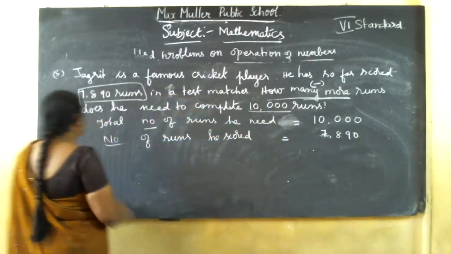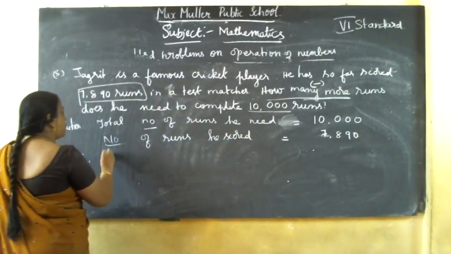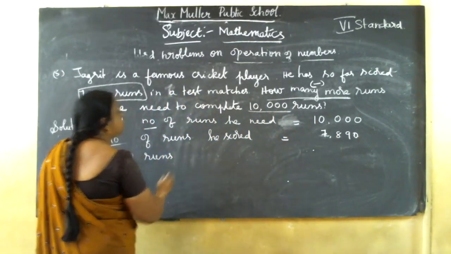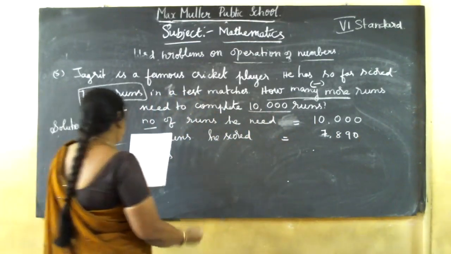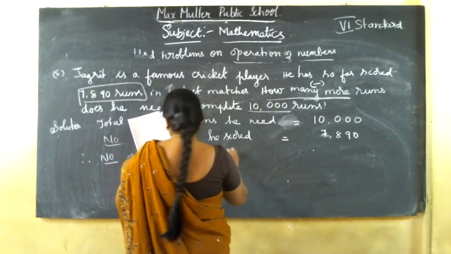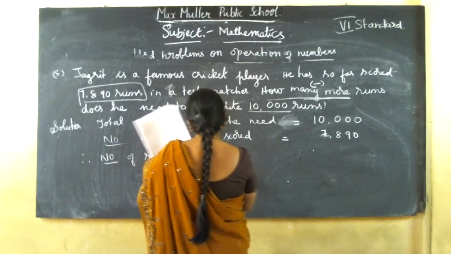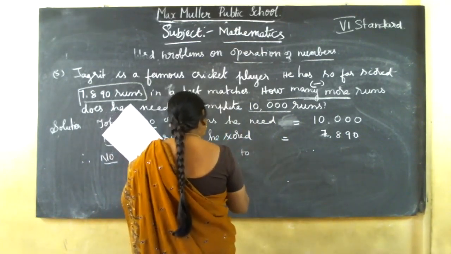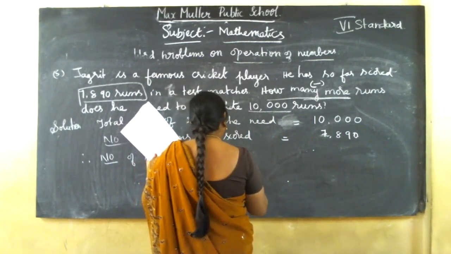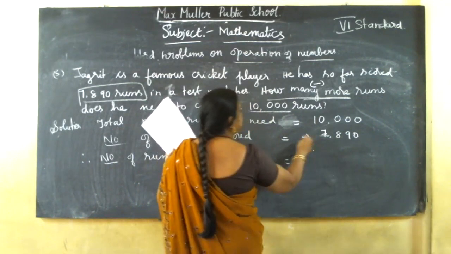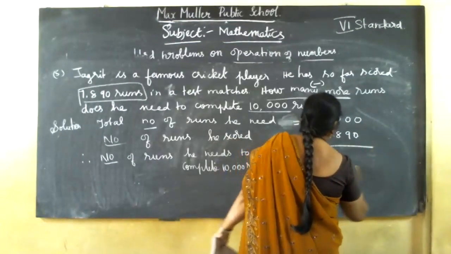Now what should you find? The number of runs he needs to complete 10,000 runs. Subtract, you will get the answer.